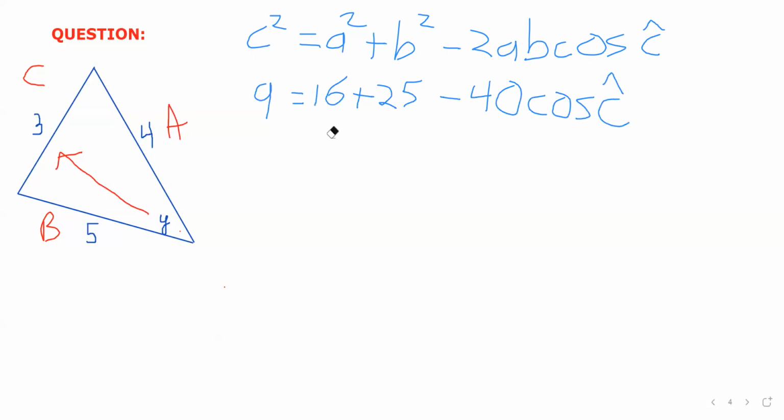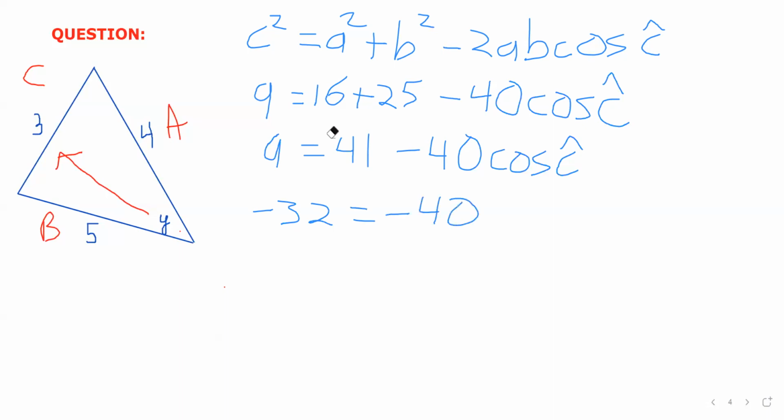So we can simplify this more. 16 plus 25 is 41. So 9 is equal to 41 minus 40 cos the angle at C. If we continue, we can start to solve. We take the 41 across, so 9 subtract 41 is negative 32, and that will equal negative 40 cos the angle at C. We can simplify it more by dividing across by negative 40.